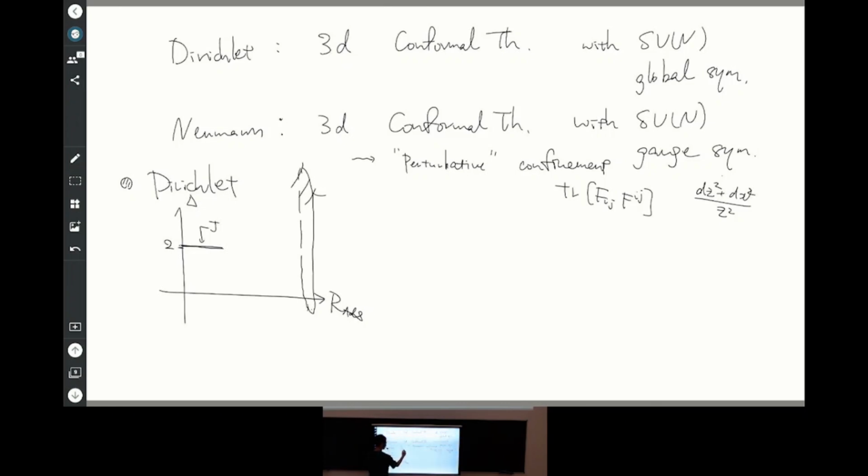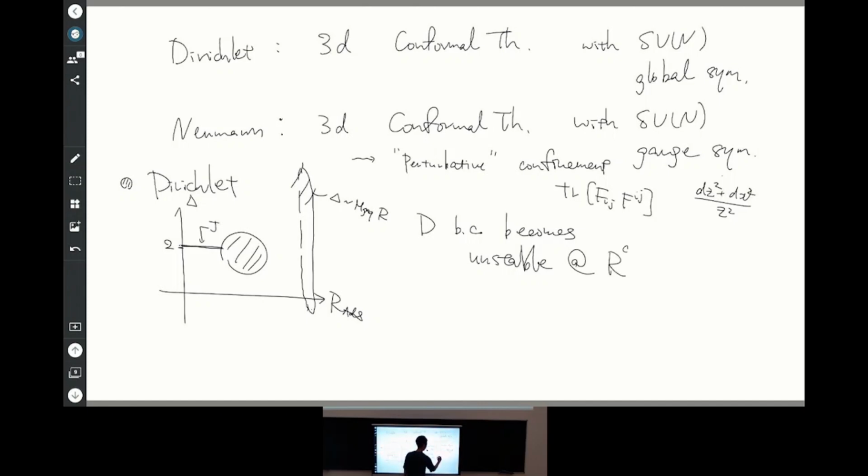So all the operators should have very large dimension, which goes like M gap times R in the near flat space limit. So clearly, something has to happen in the middle region. This is basically telling you that this Dirichlet boundary condition becomes unstable at a certain critical radius.